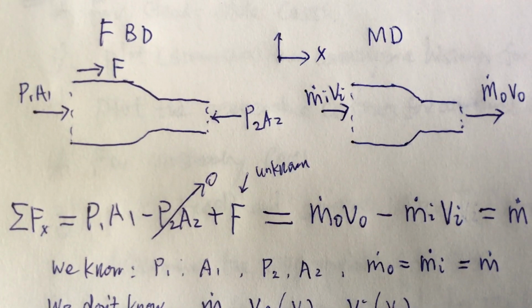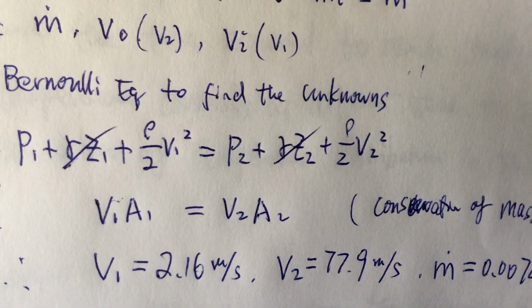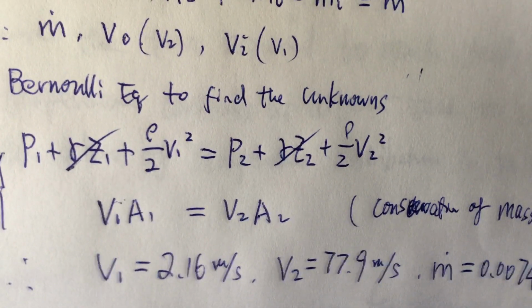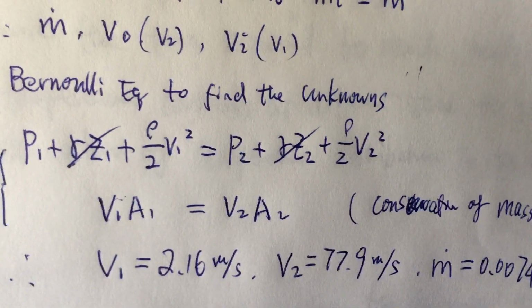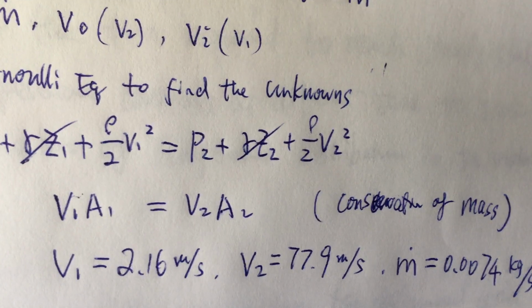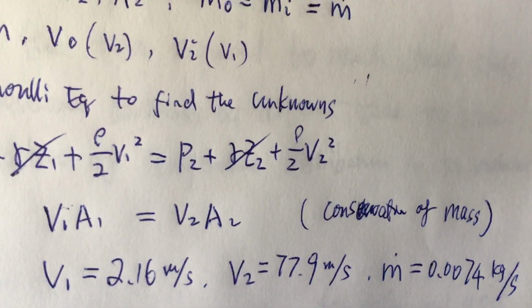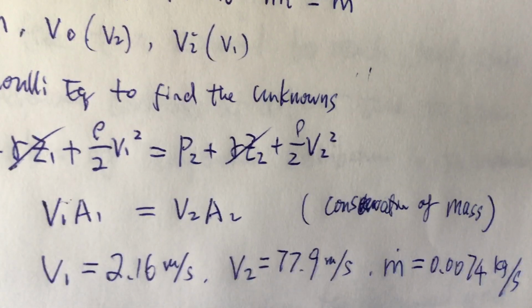A1 is 36 times A2. That's why your velocity is also 36 times. V1 is 2.16 and V2 is 77.9 meter per second.